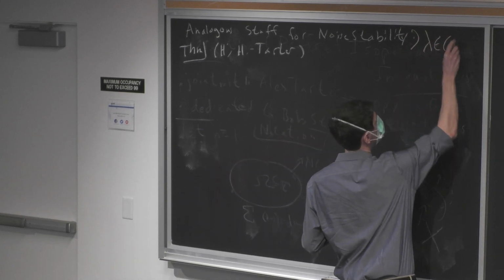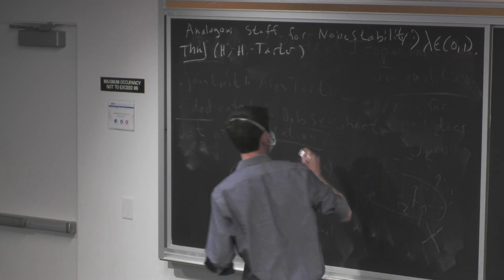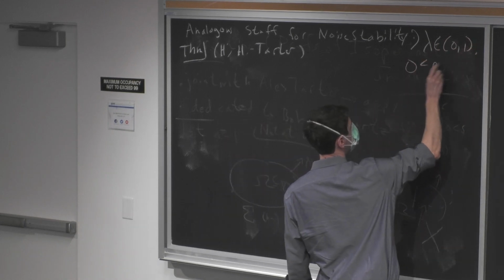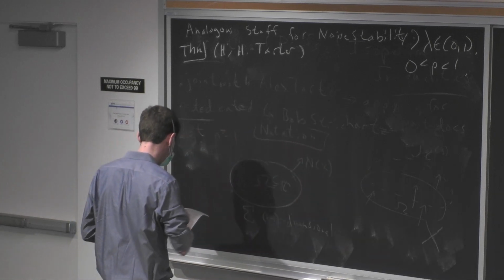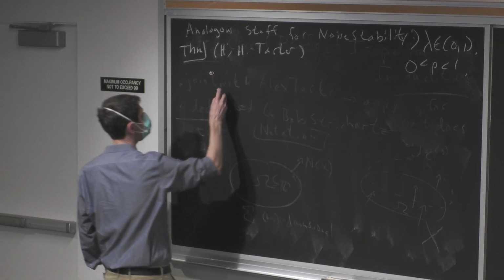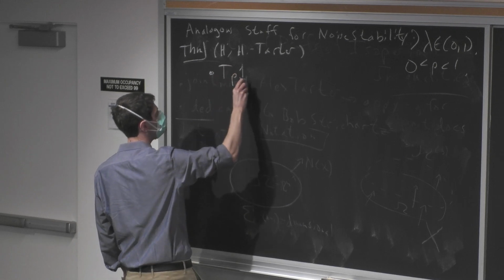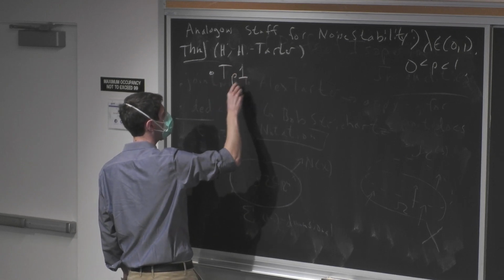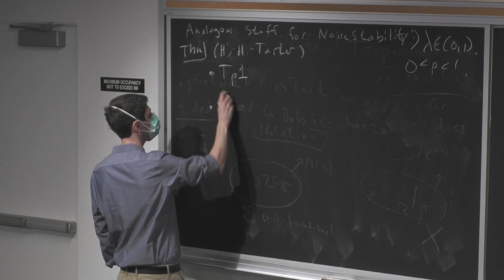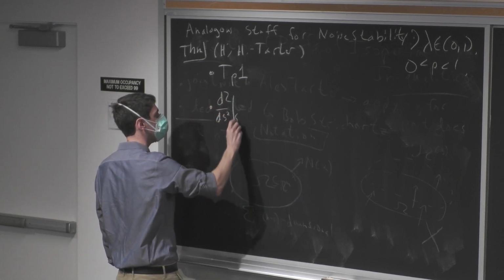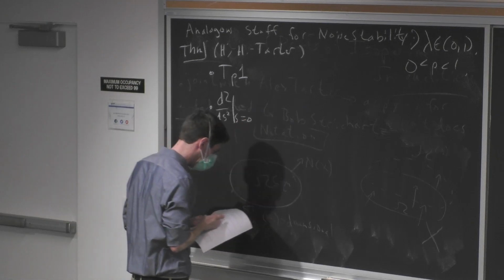Okay, so we're going to have a lambda, same as before, but now it's between 0 and 1. We're going to have this parameter rho for the Ornstein-Uhlenbeck operator. First I'll write the second thing, which tells you what the noise stability is.